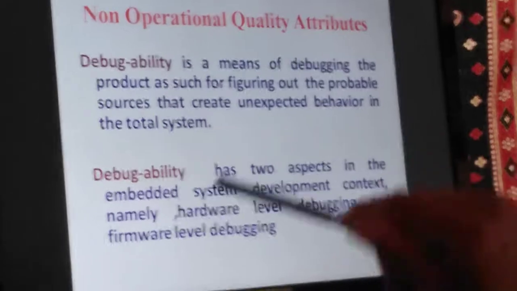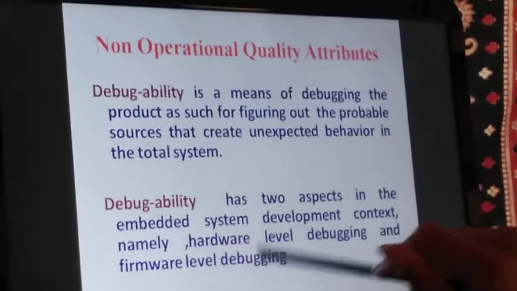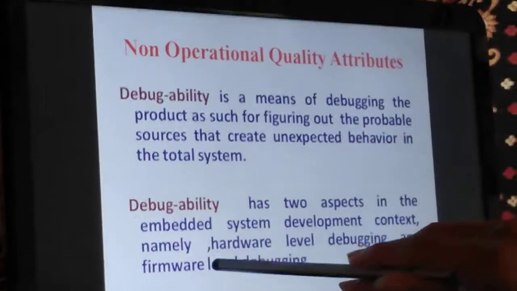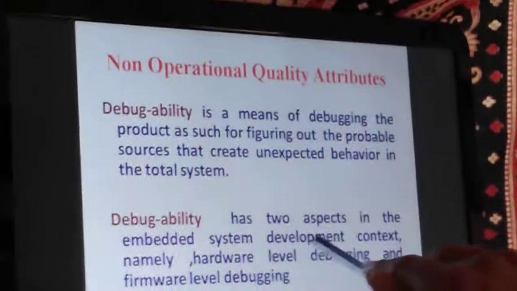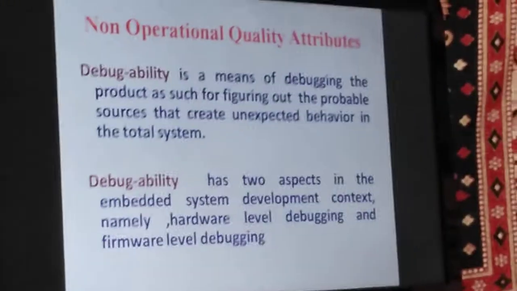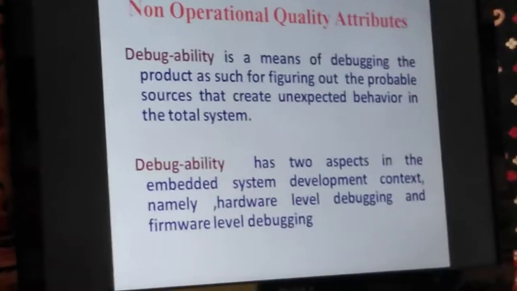Debuggability has two aspects in the embedded system development context, namely hardware level debugging and firmware level debugging. First we will do one, or sometimes they do it in parallel. Software we should debug properly, and hardware also. If there is any problem in circuits or sensors, we should correct everything after debugging.